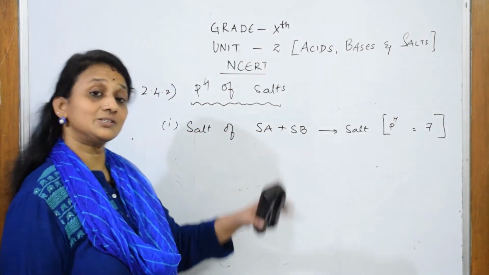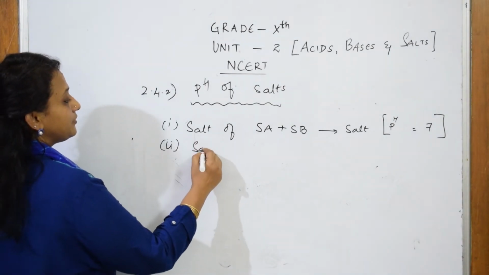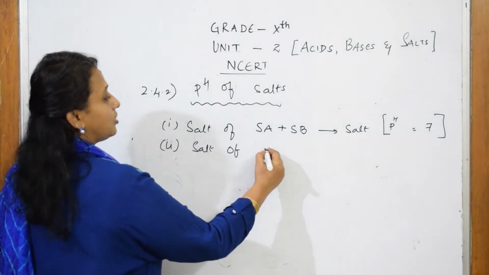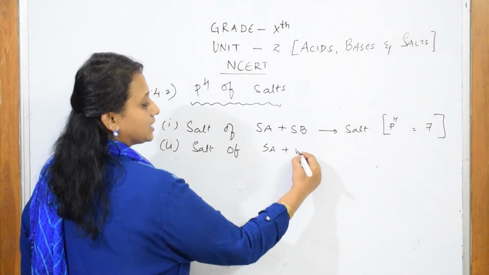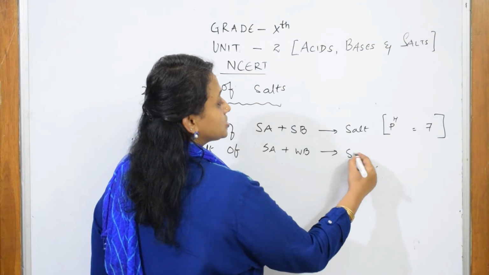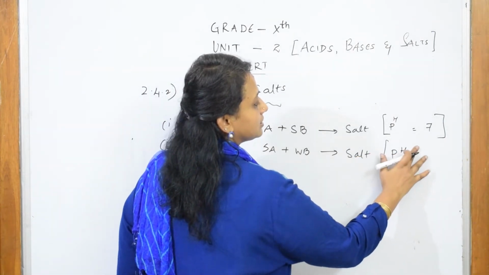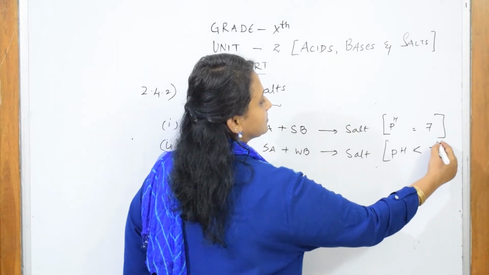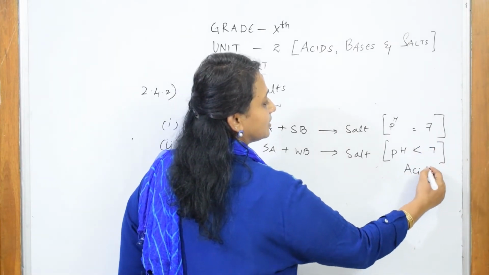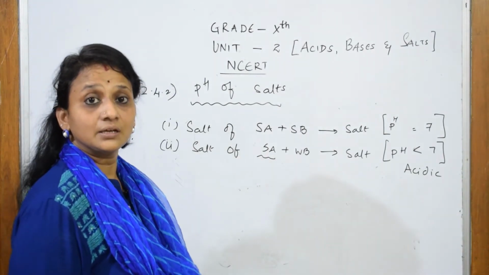So the combination is strong acid and strong base. The second combination is a salt of strong acid and weak base. You get a salt whose pH value is less than 7. That means it is acidic. Why is it acidic? Because I'm taking a strong acid.